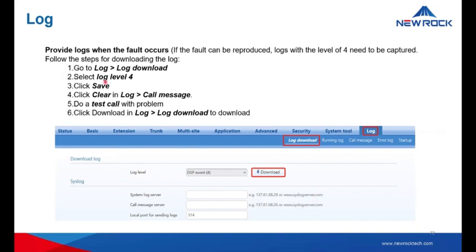Go to log download, then select the log level. For ordinary or normal cases, you simply select log level 4. Then clear the log on the log call message page, then do a test call. After that, download from this page and send those logs to us.